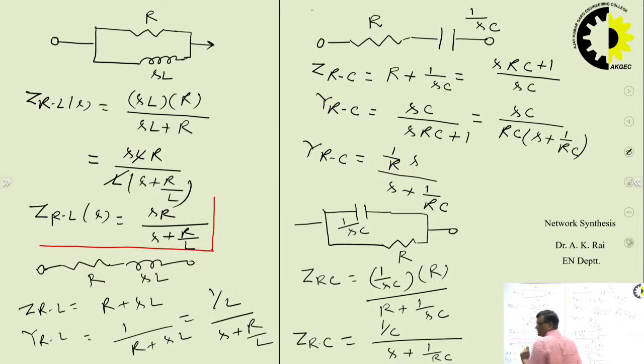If we are going for the Foster second, then we have the admittance. So this RL in series, then take this. So this and this are very important. Similarly for the RC, this is the ZRC and this is the YRC.